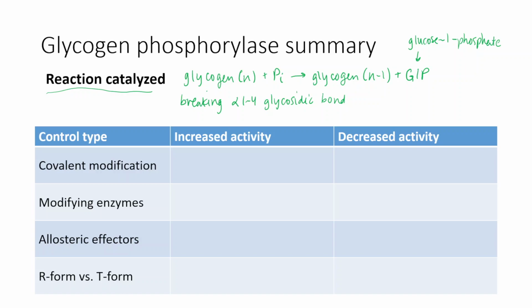So not only does this enzyme catalyze a reaction using phosphate groups, it also is controlled by phosphate groups. There are also enzymes that help modify glycogen phosphorylase to do the covalent modification. And then there are also allosteric effectors of glycogen phosphorylase that will affect whether it's in the R form or the T form. So everybody take a few minutes and start filling in this table, and then we can all go over it together.